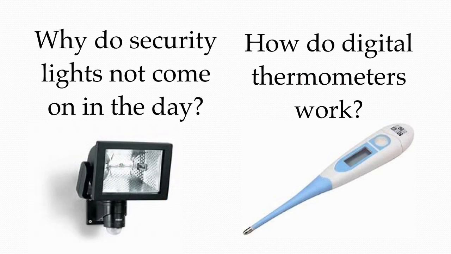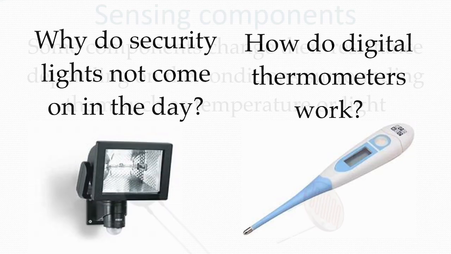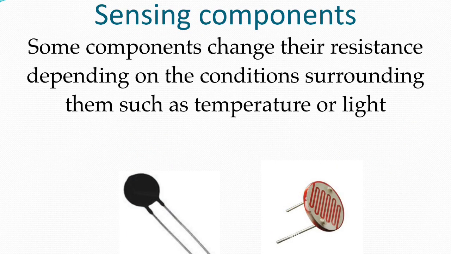I'd like you now to take a minute to think how a digital thermometer might work, or possibly a security light that comes on when it goes dark. These devices use components that change their resistance depending on external conditions such as light or temperature.